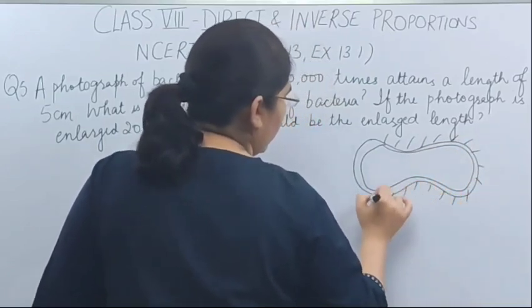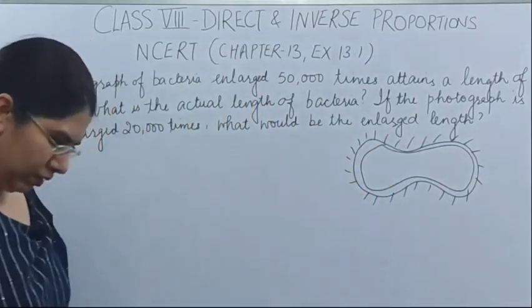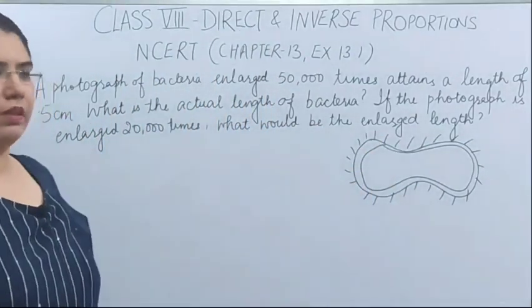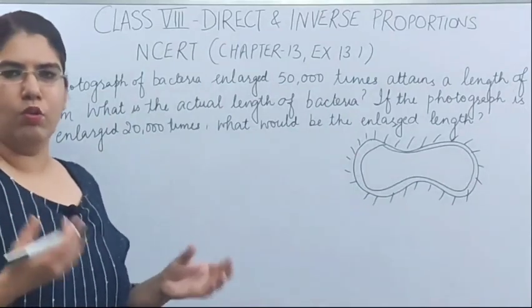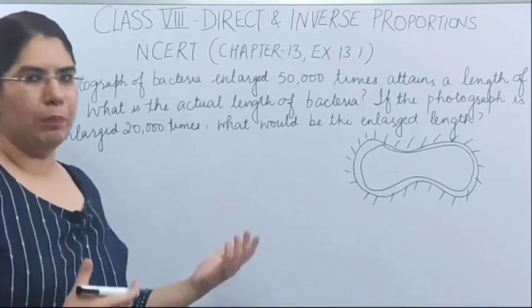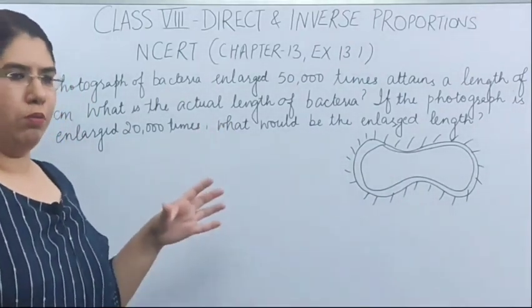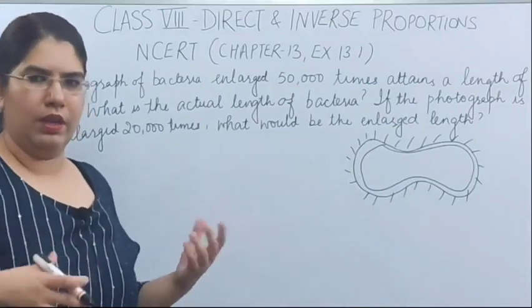Right. So what you do is, we all know that a bacteria cannot be seen by the naked eye. So you have to look at it under a microscope and capture a picture. Now once you capture the picture under a microscope, then you can zoom it like any other picture.